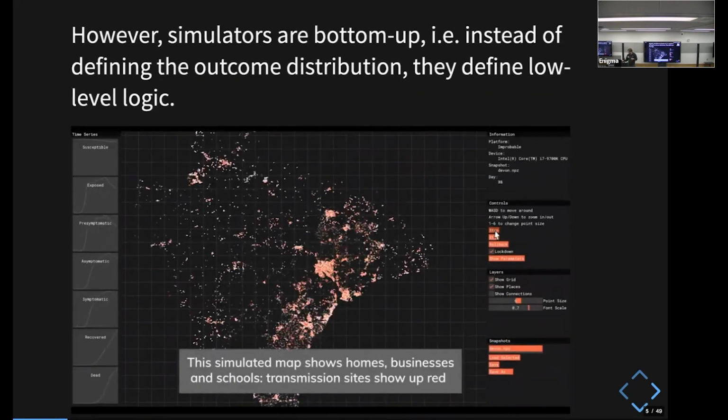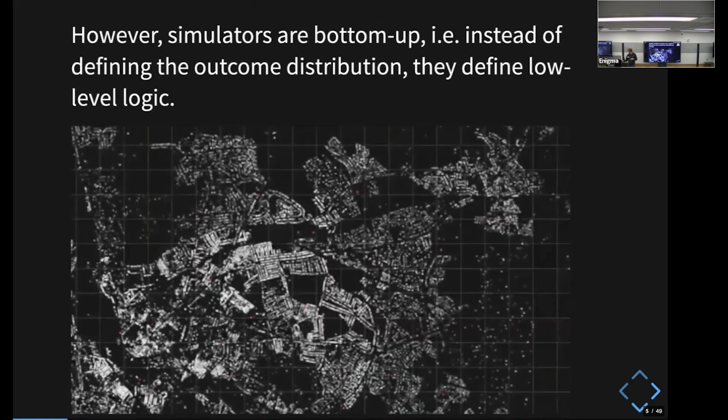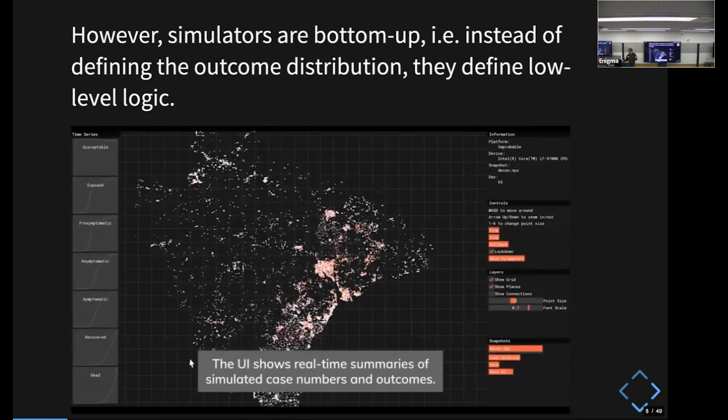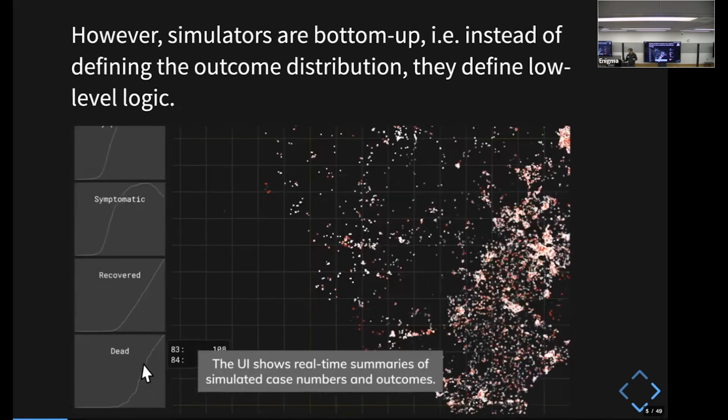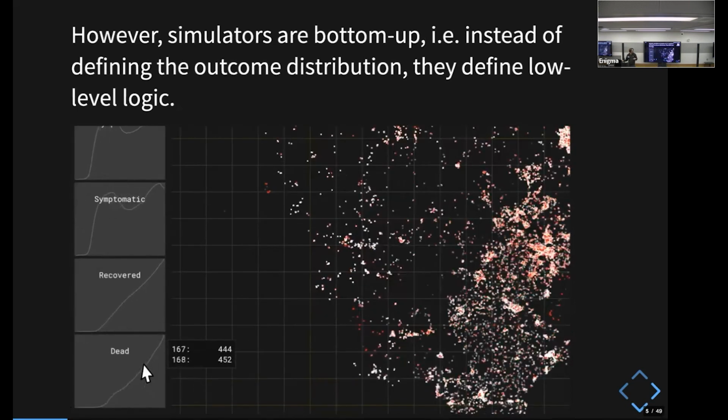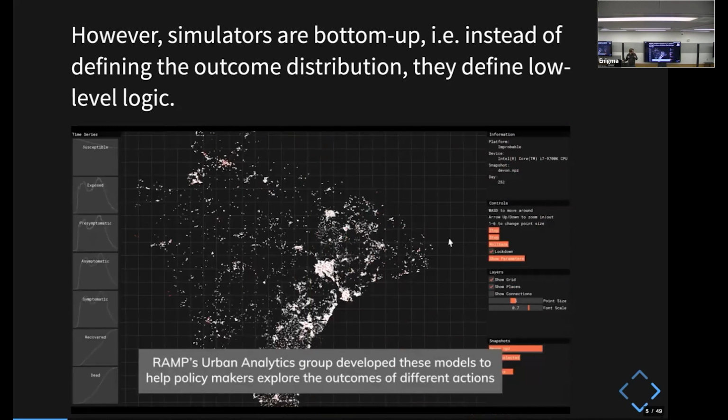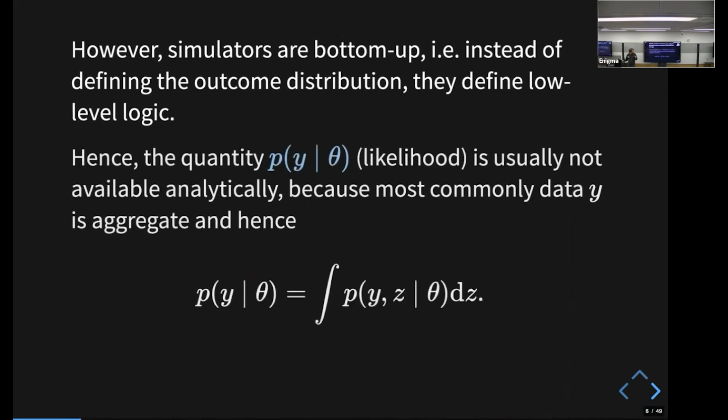So here is the simulation again, just to see how we choose the parameters. The red stuff is how the pandemic is spreading. Obviously a big factor in how the pandemic spreads is these particular parameters and how you choose them.